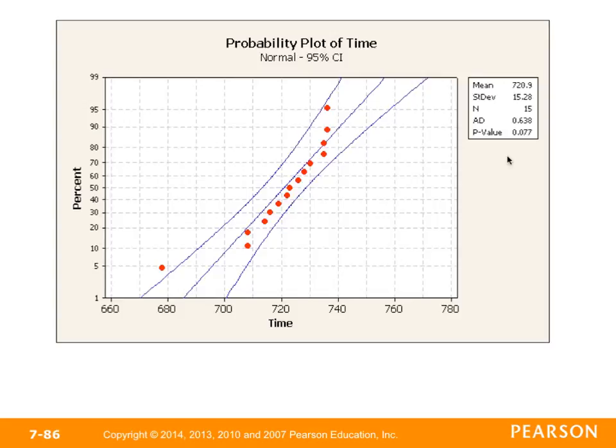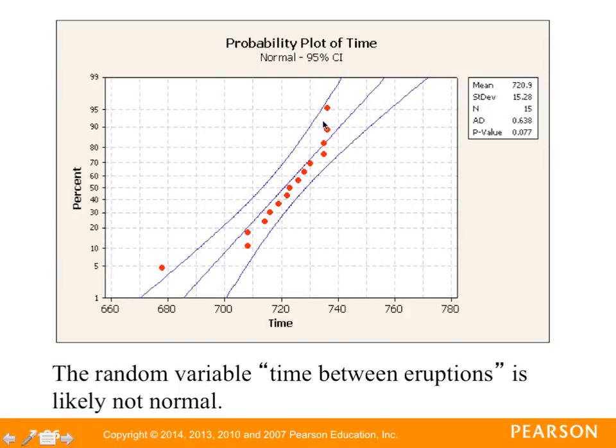So what we do is we look at this normal probability plot, and we hope that maybe it's normal. So when we look at it, what we notice is we see an issue because we have this red dot that is outside of our blue bands. So anytime you have a red dot that is outside of your blue bands, we cannot say that it's normal. So what we would say is that the random variable, which is the time between our eruptions, is actually not normal.